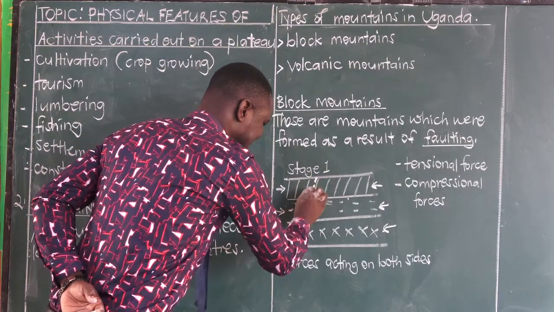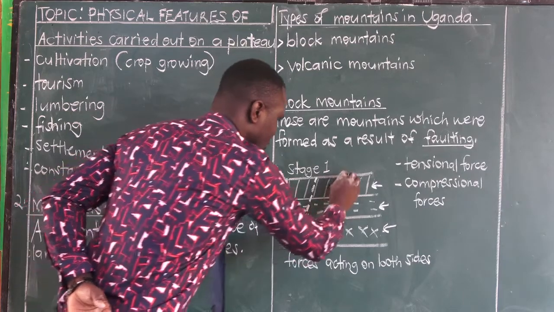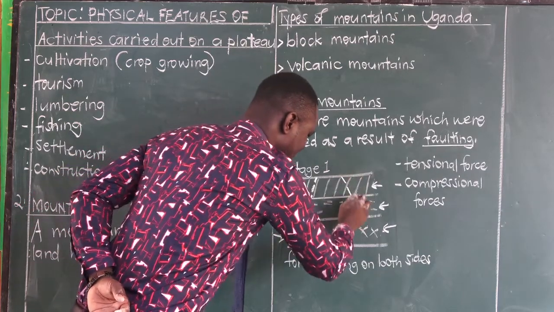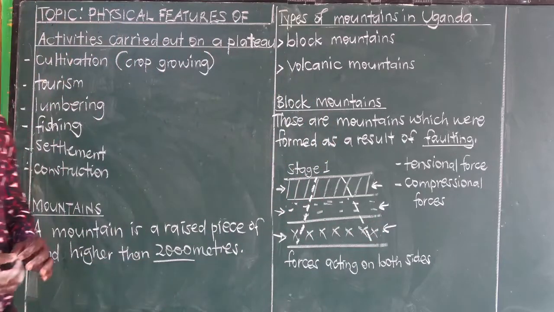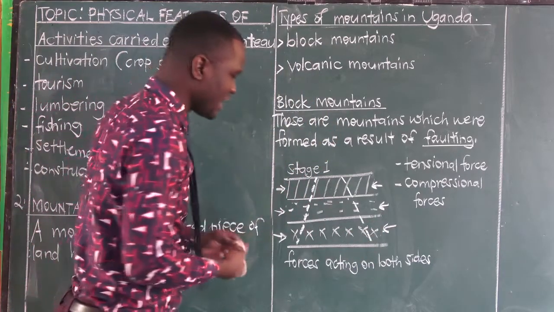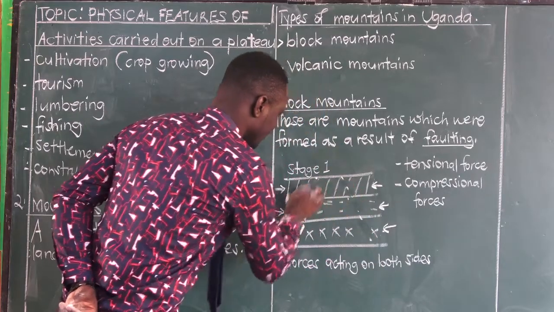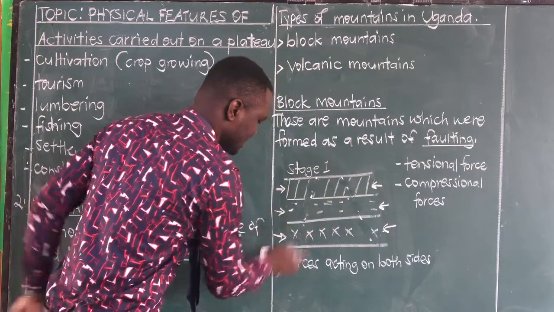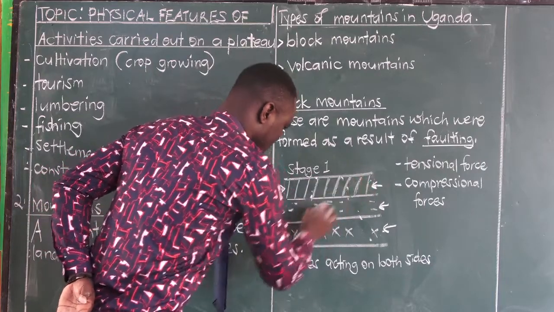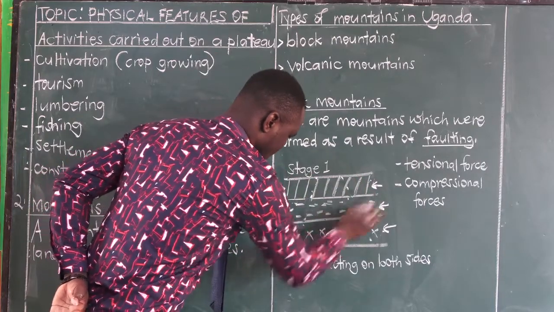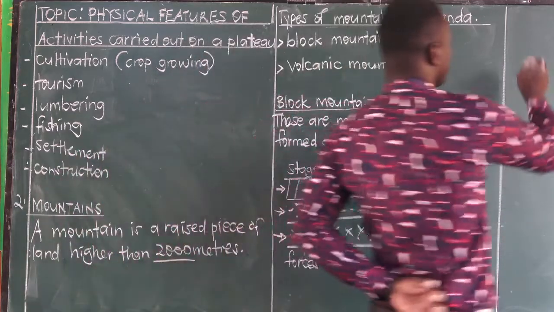We are going to have cracks developing on this land. These cracks are the ones we call faults. So we are now in the second stage. Maybe let me draw different stages, you might fail to get it well. So let me leave this first stage and have the second stage here.